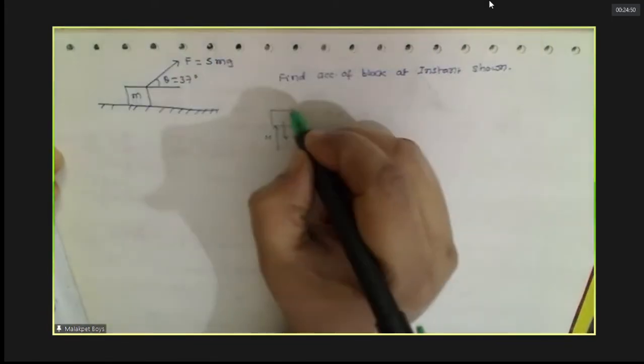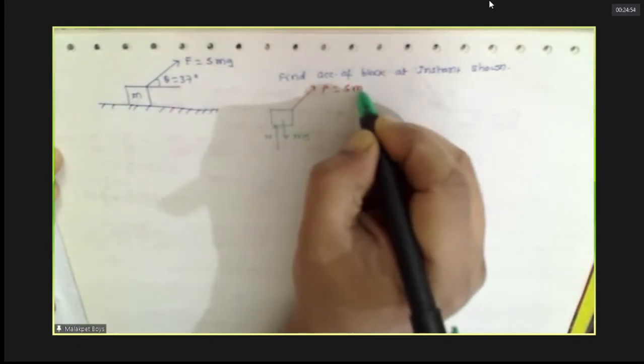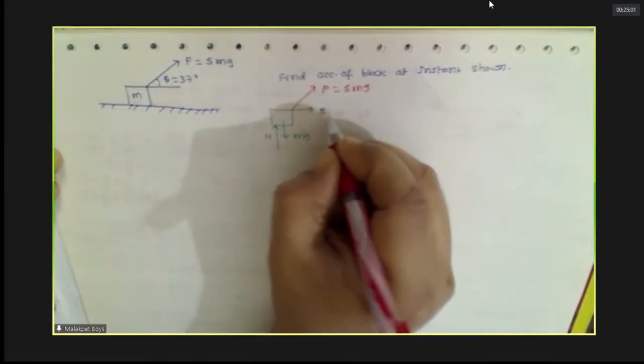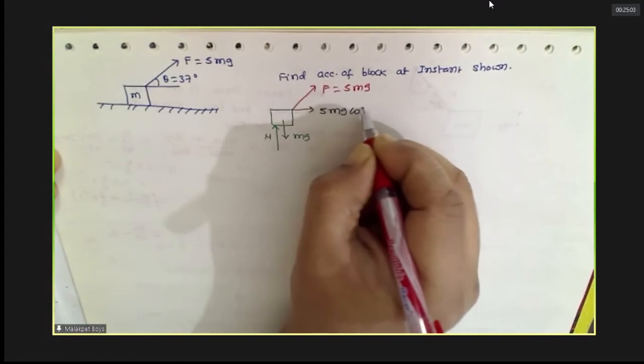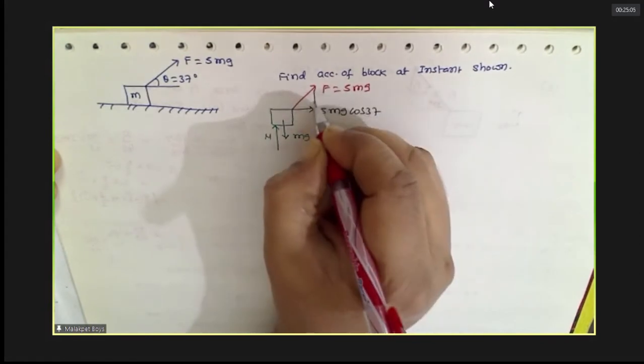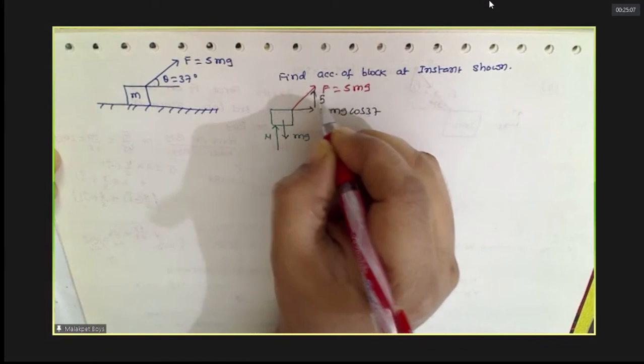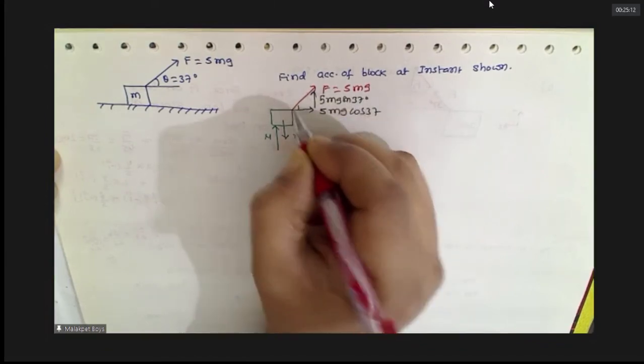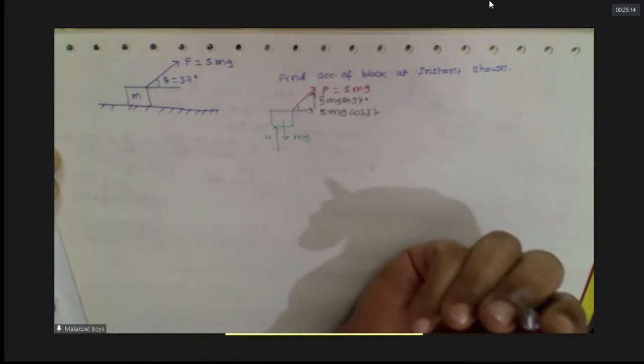So here there is a force equal to 5 times the weight. Obviously this has 2 components: 5 mg cos 37 and 5 mg sin 37. Any other force?